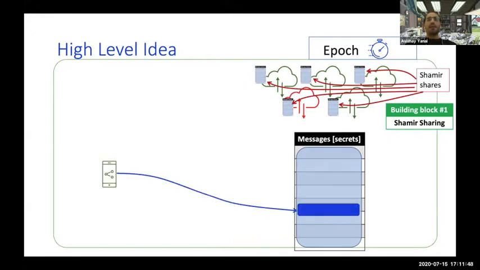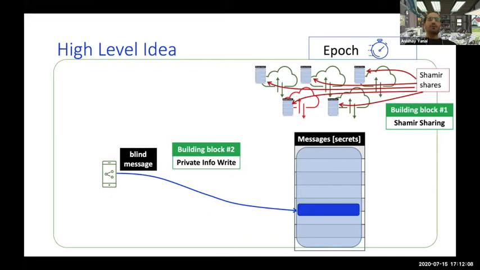Then, to allow a client to input its message, she plays as a client in a multi-server private information write, or PIW. The client picks a random index in the table and requests to write its message to the table entry with that index. We call this request a blind message.